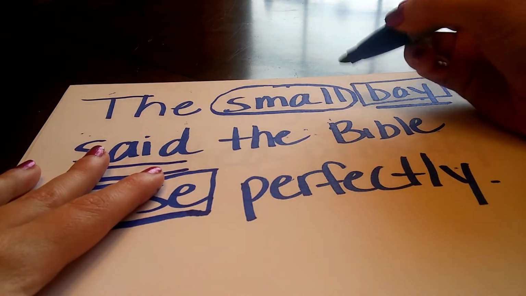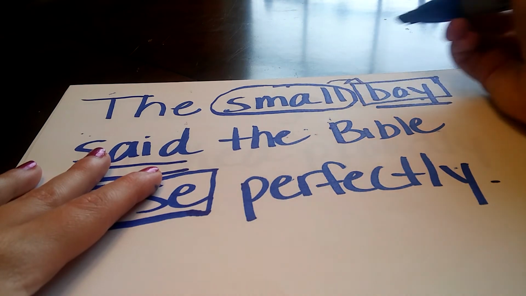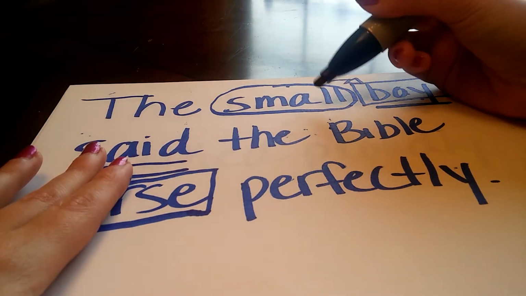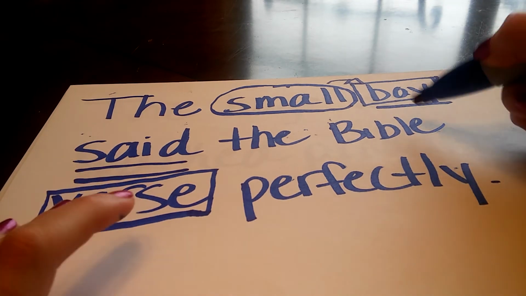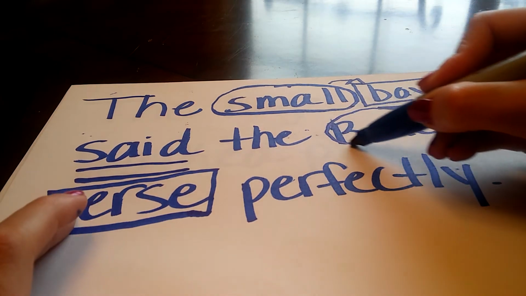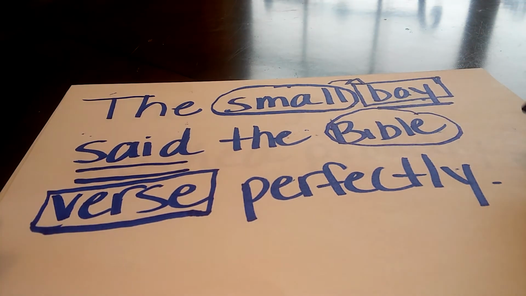I don't have a lot of room for my arrow, so I'm going to kind of squish it in here. Okay, so small boy. All right, so our next word that's in the box, that's a noun, is verse. What kind of verse? Bible verse. So in this sentence, Bible is an adjective telling about verse.